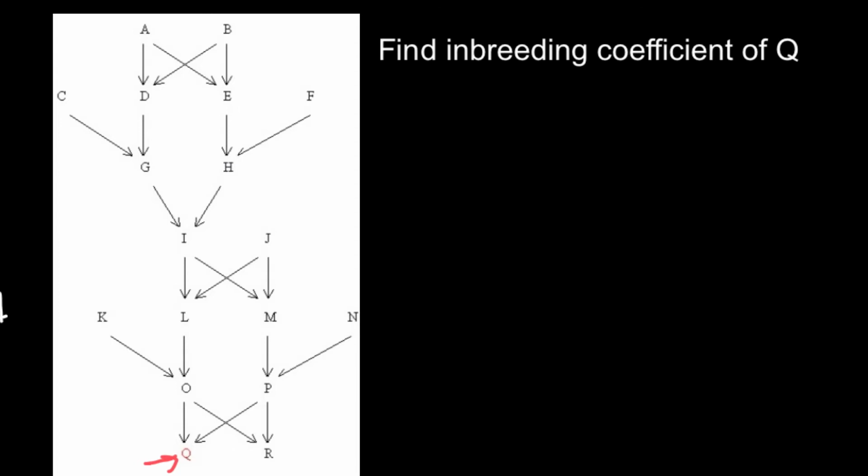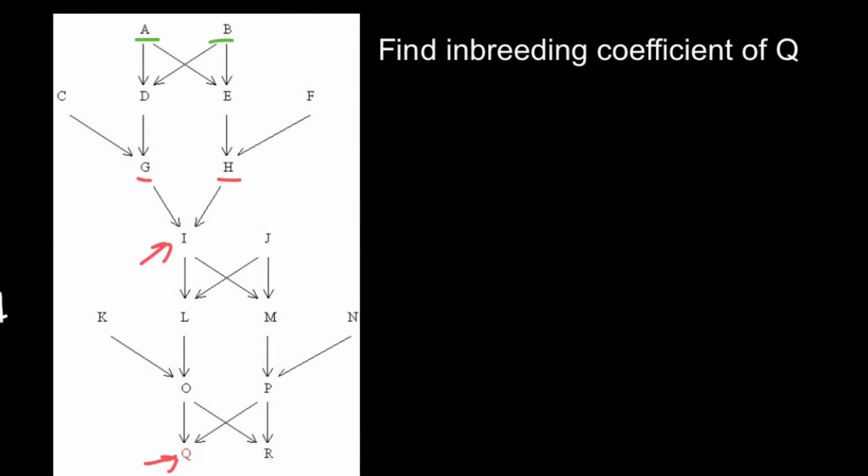Here is the inbred individual, and this inbred individual has two parents, G and H. This is a very important step: to find the inbred individual and find his parents. Now we have to find common ancestors of individuals G and H, and as you see, both individuals A and B would be common ancestors.